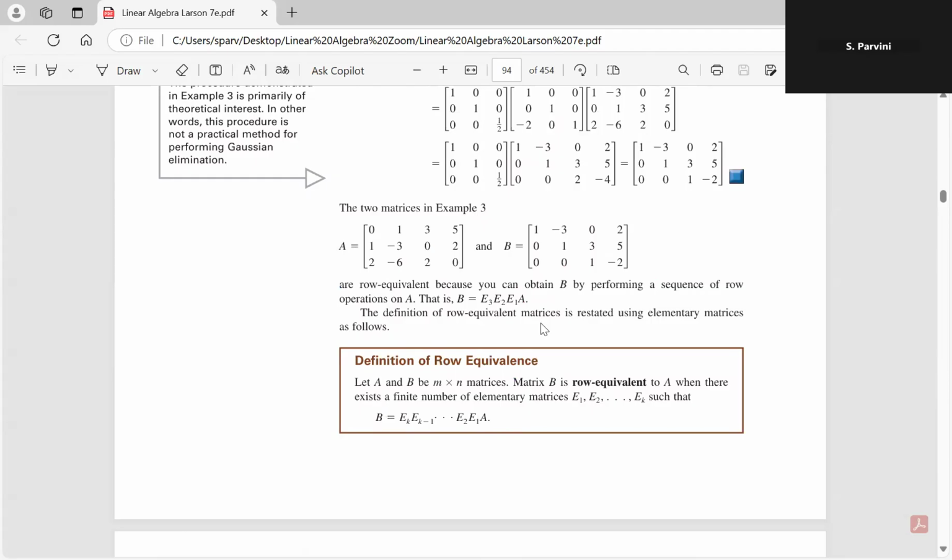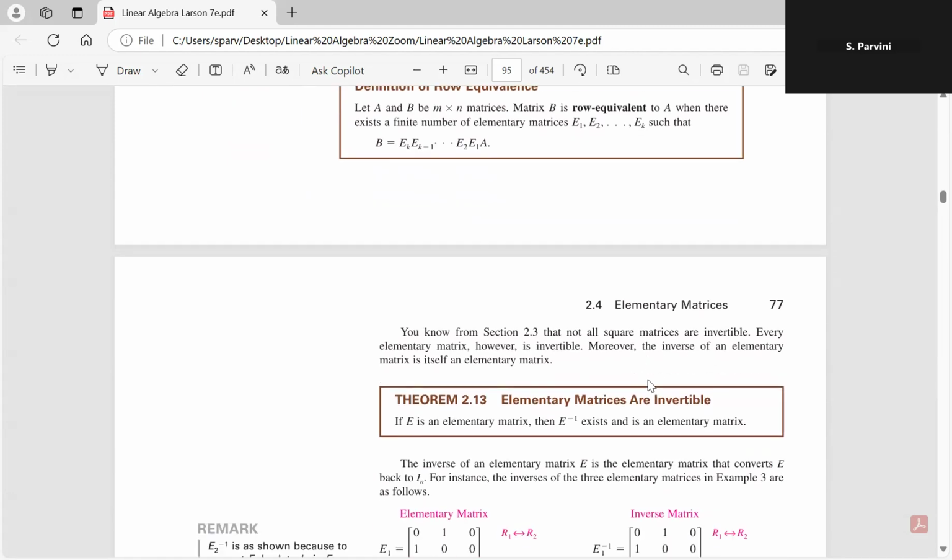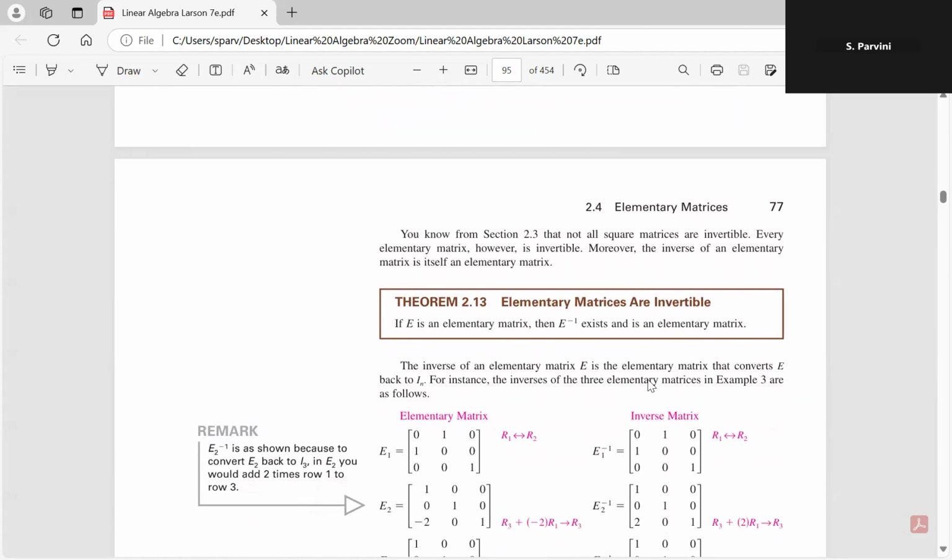This matrix B, that would be this one, is row equivalent to matrix A when there exists a finite number of elementary matrices so that you can multiply them by A to get B. That's like the formal definition of row equivalent matrices. Okay, nothing earth-shattering here. It's just like, wow, that's cool.